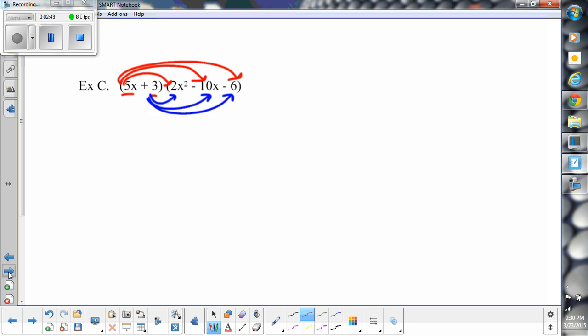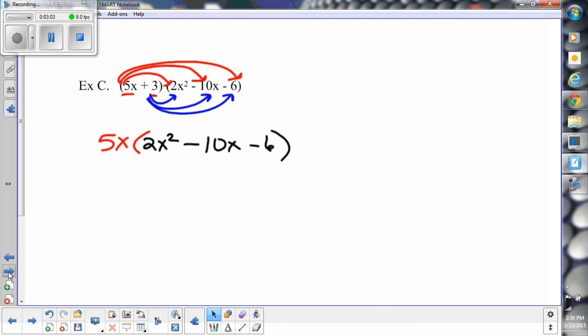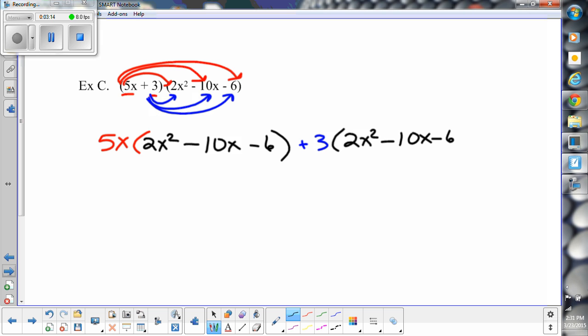So that becomes 5x times 2x squared minus 10x minus 6 plus 3 times that trinomial, which is 2x squared minus 10x minus 6.